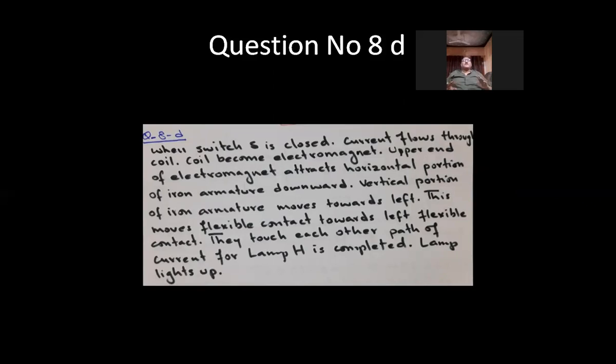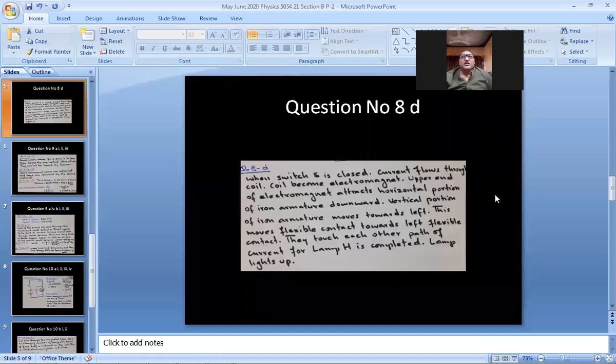This moves the flexible contact towards the left flexible contact. The flexible contacts touch each other. The path of the current for the lamp H is completed. The lamp lights up. So this is how we will answer, and then let's go to the next part.